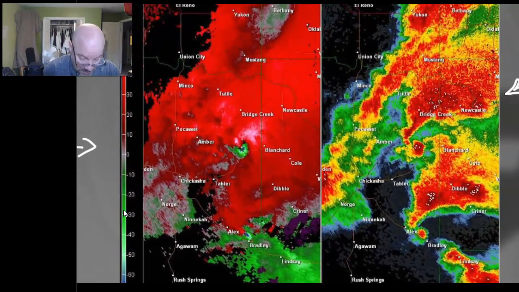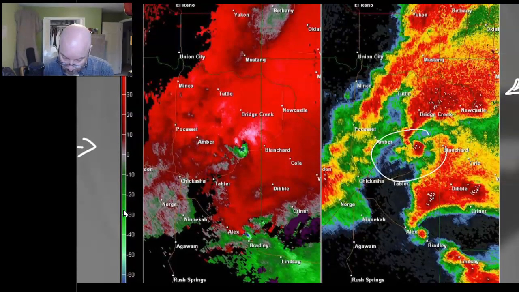So let's look in here. Okay, you've got a region where there's lots and lots of rainfall right there, and kind of a strange shape in there like this. Okay, and this is what's called a hook. In radar terms, that's called a hook because it has a hook shape.